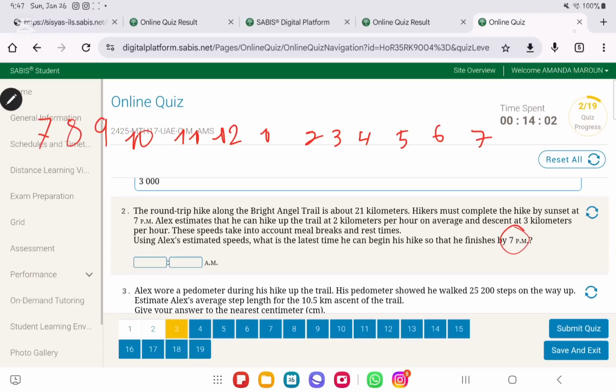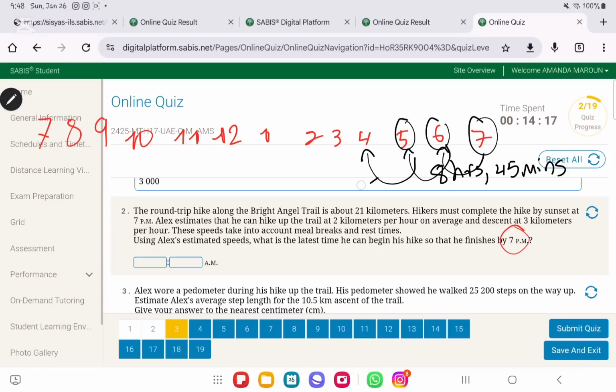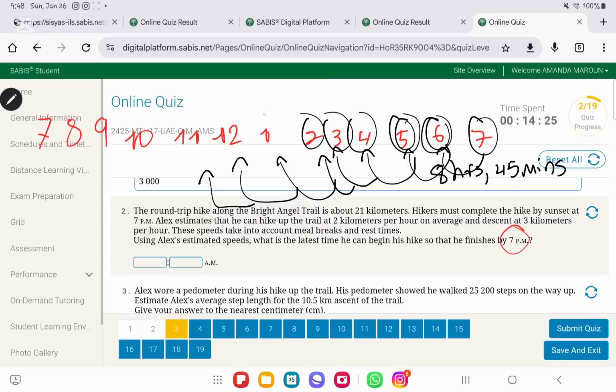So he needs 8 hours and 45 minutes to hike the trail, and he needs to finish by 7 p.m. So let us go back 8 hours. 7 minus 1 hour, 6, 5, 4, 3, 2, 1, 12, 11. So we finished: 1, 2, 3, 4, 5, 6, 7, 8 hours.